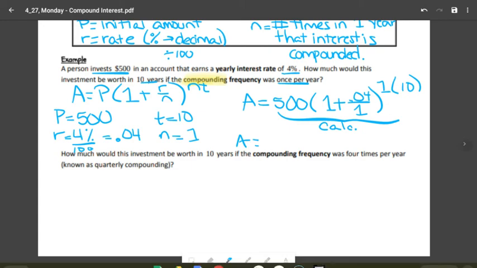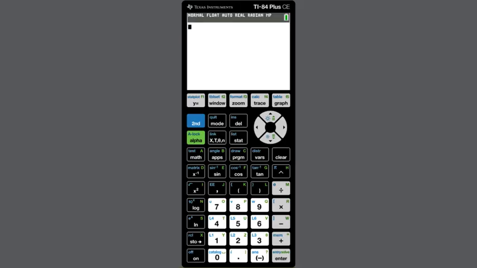So remember, we have that app that we could use on our Chromebook if we want. So we have 500 times 1 plus R was 0.04 divided by N, which is 1. Close the parenthesis like we had on the problem. And then we're raising it to the power of 1 times 10.